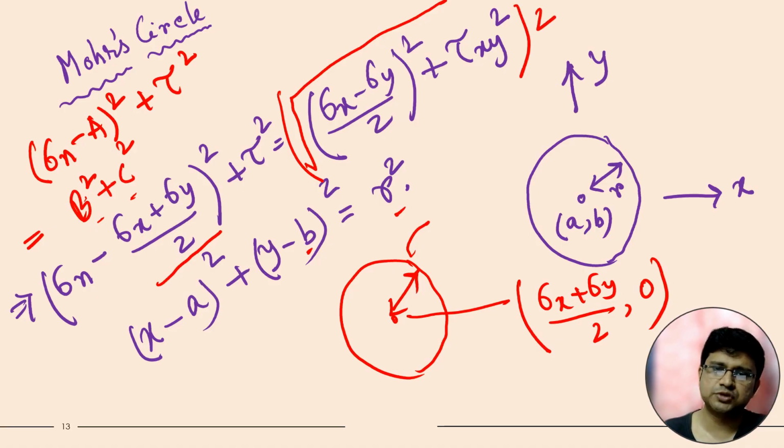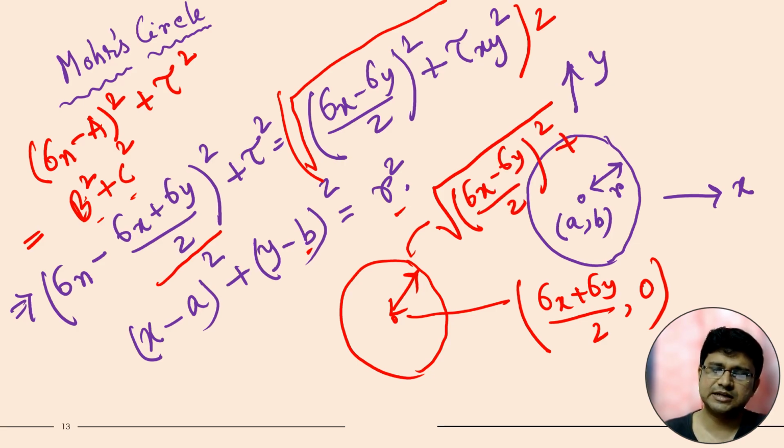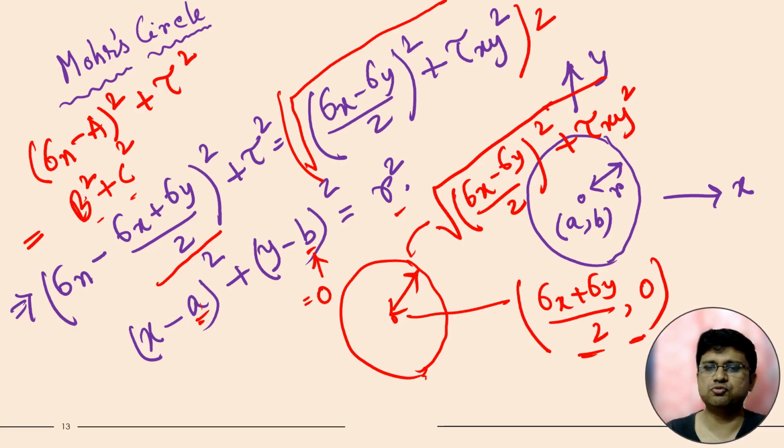So the radius of the Mohr circle will be root of sigma x minus sigma y by 2 the whole square plus tau xy square. So this will be the radius of the Mohr circle, and this will be the center of the Mohr circle, because this term is same as A, and for B there is no term, so B is 0. So this will be the equation of Mohr circle. This will be the concept of Mohr circle.